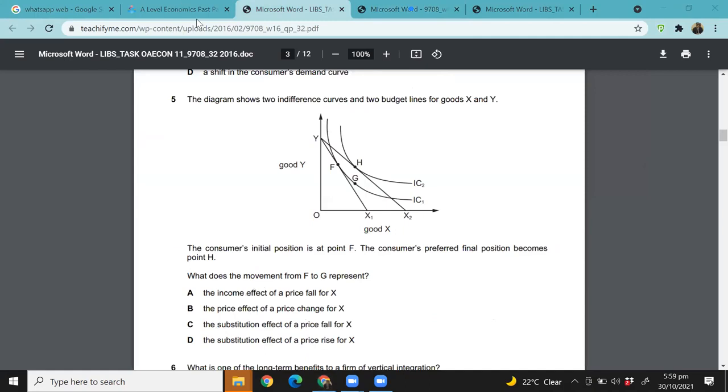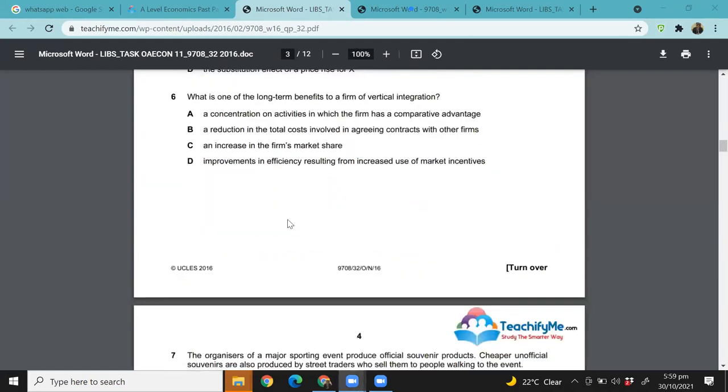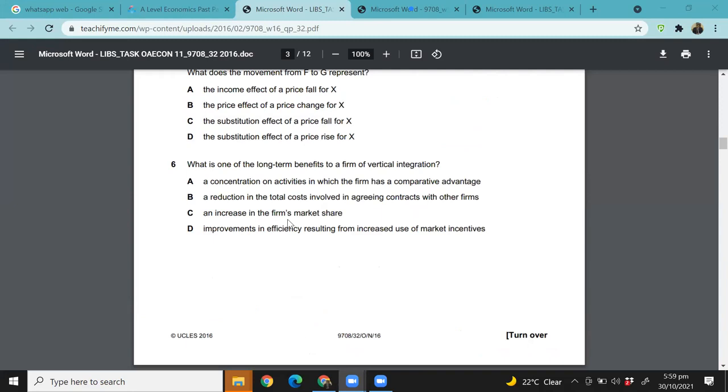Okay, next question. Question 6 says, what is one of the long-term benefits to a firm of vertical integration? Vertical integration. What was vertical integration? Do you remember?